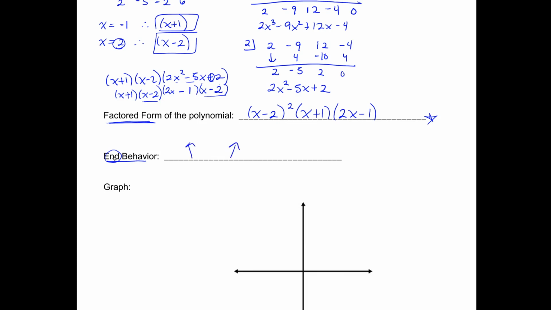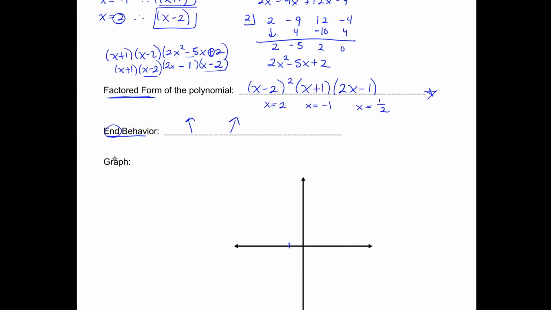I have 0 values at x equals 2, x equals negative 1, and x equals 1/2. So I'm going to plot those. Negative 1, 2, and 1/2. I know it's going to go up and up, so I know up, up.